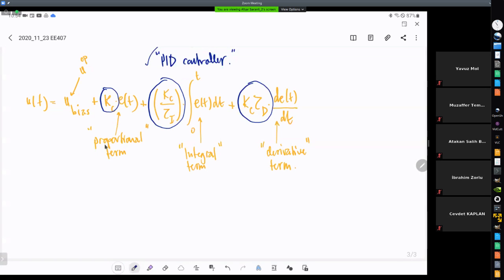Kc is a common factor, so you can take it out into Kc parentheses. Now, this brings us to the so-called forms of this PID controller. This is in particular called the dependent ideal PID form. Okay, so this particular parametrization has a name and it's called the dependent ideal PID form.